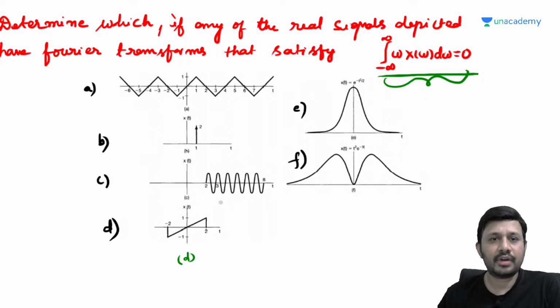How many of these signals will satisfy this condition? The area under omega times X of omega d omega must be 0.